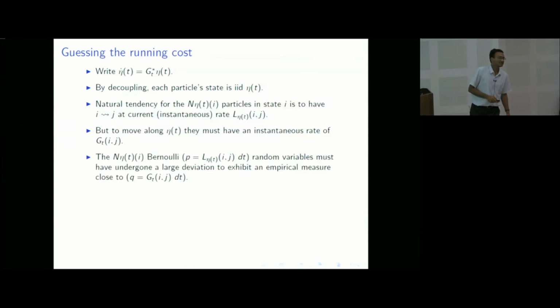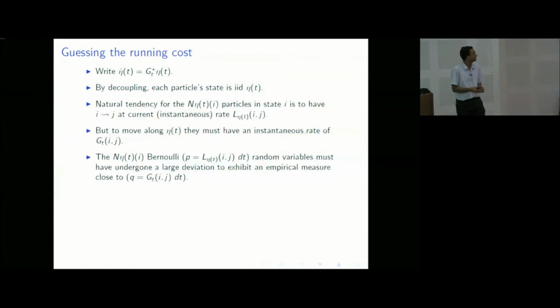If that's the case, for us to be along this direction, this many Bernoulli random variables, because I'm looking at an infinitesimal time, I can think of the number of points there, each node either flipping or not flipping in that dt time. I will look at it as a Bernoulli random variable with parameter L eta ij dt for the ij transition. So there are this many Bernoulli random variables with this parameter.